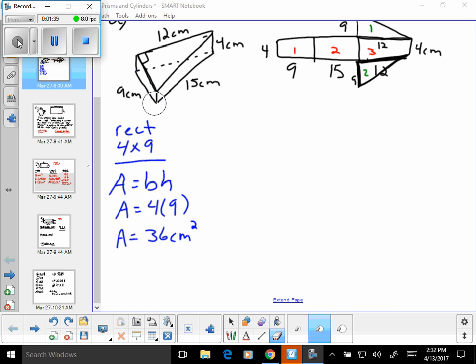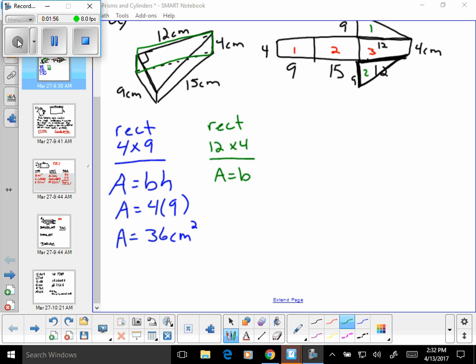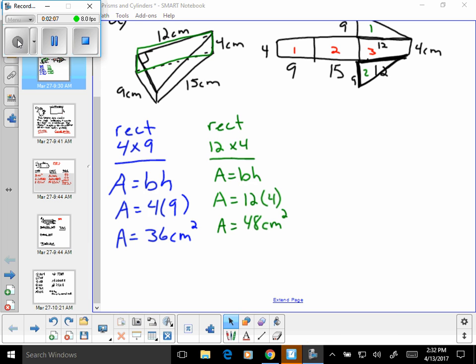Once I'm done with that rectangle, I look at the other rectangles, and there's one back here. That particular rectangle is going to be a 12 by 4. Then I will use the formula to calculate the area of that particular rectangle, 48 square centimeters.